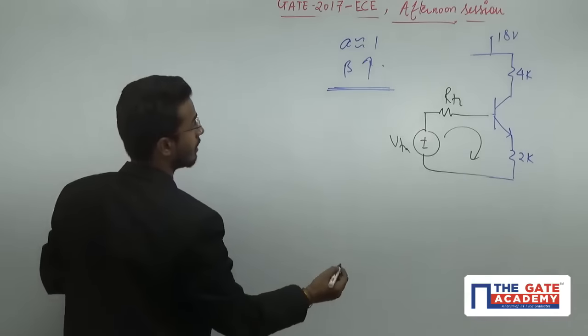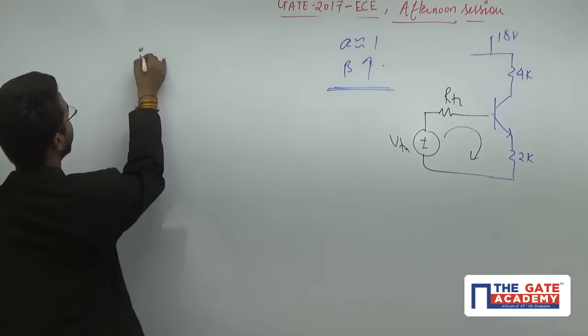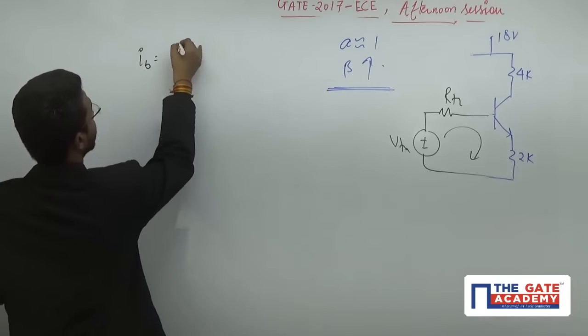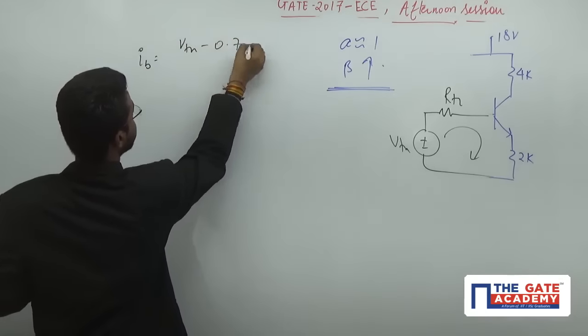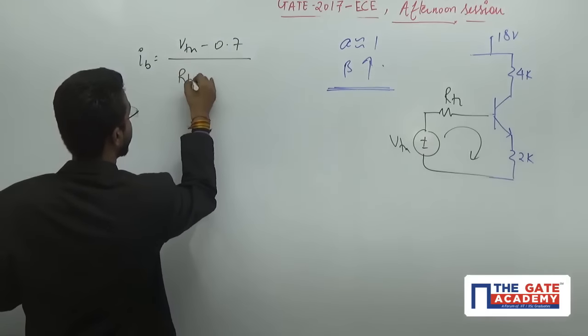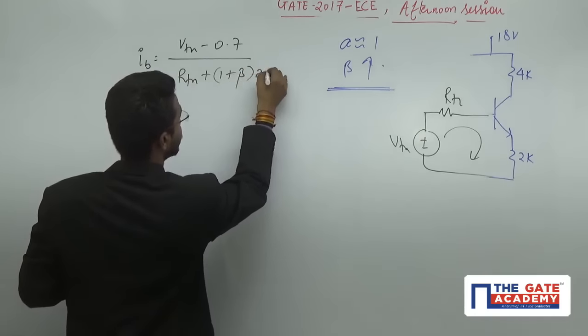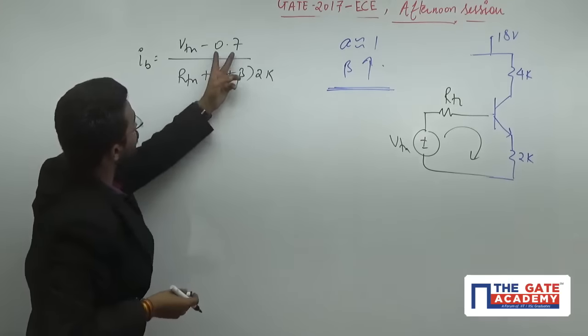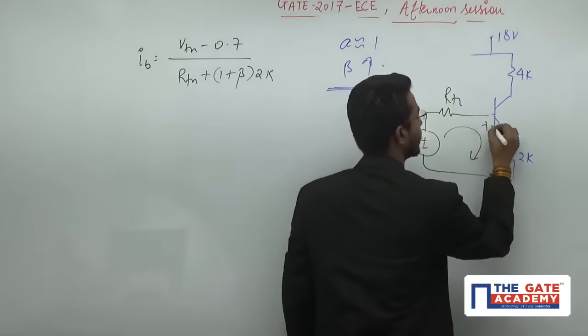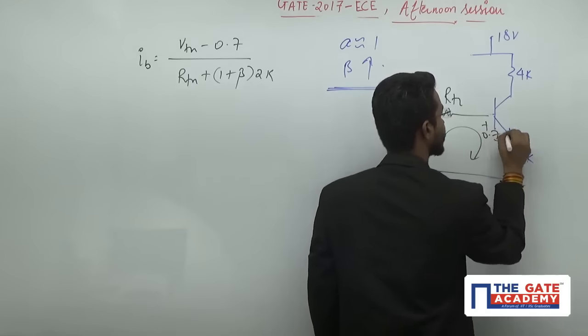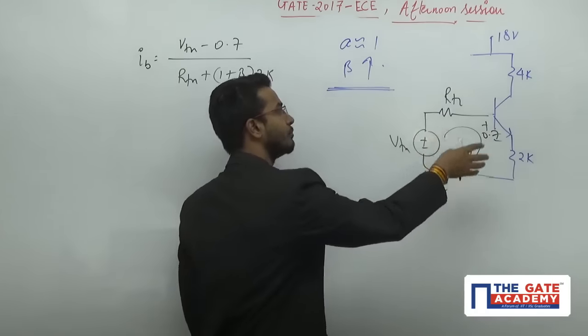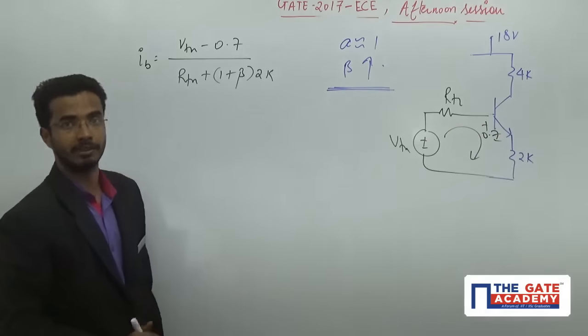Apply the KVL, and the value of IB will be (VTH minus 0.7) divided by (RTH plus (1 plus beta) into 2K). Here I have assumed VB is 0.7 and that the transistor is in the active region.